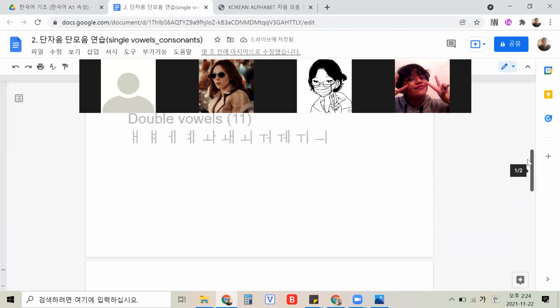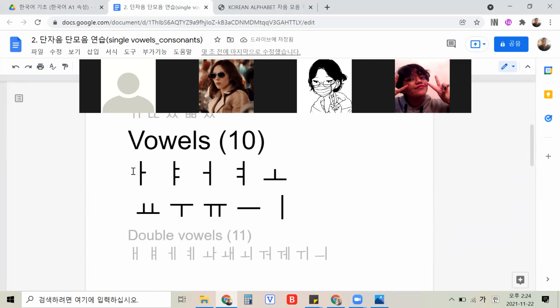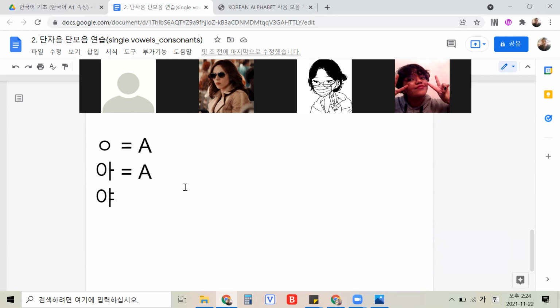Let me show the vowels again. I'm going to use those 3 vowels. I will show you as syllables first. Those 3. So here, A, and the next one, and this one.